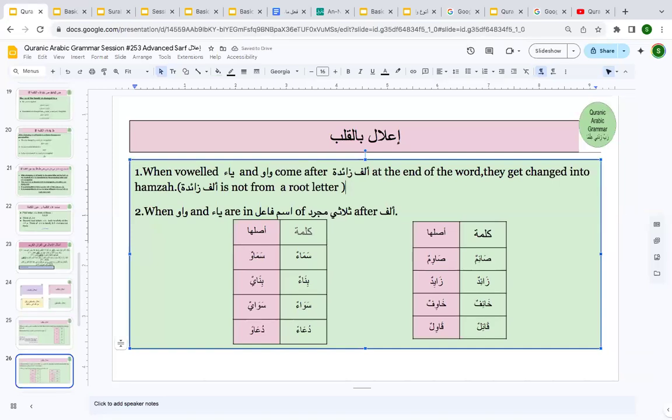Because in the word qala, alif is not going to be zaida, right? Because it is coming from the root of the word. But in this case, this alif is not the root letter, sama'un or bina'un.